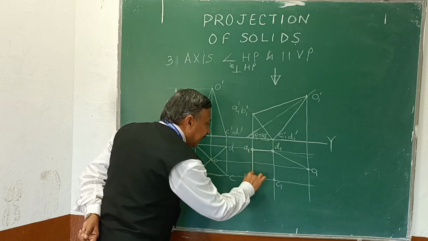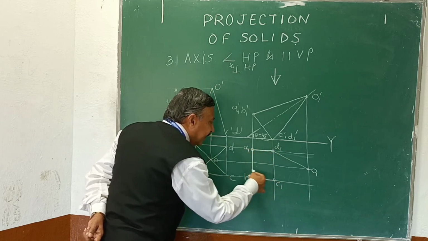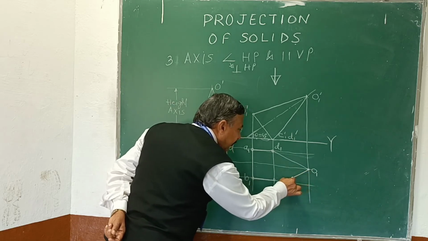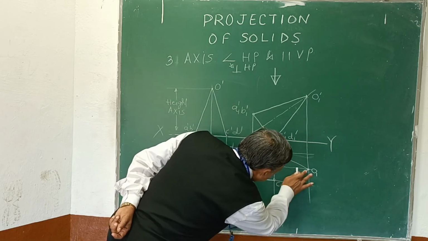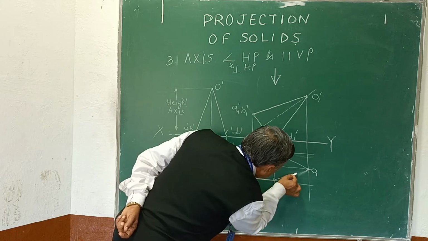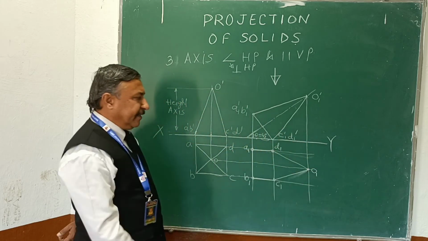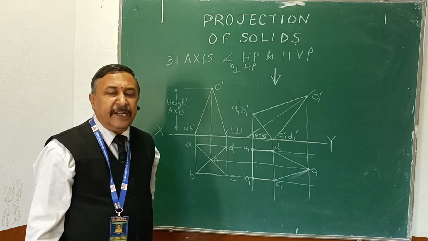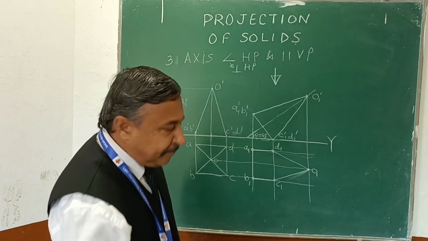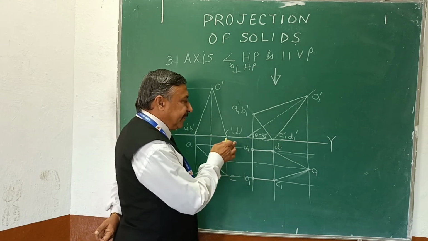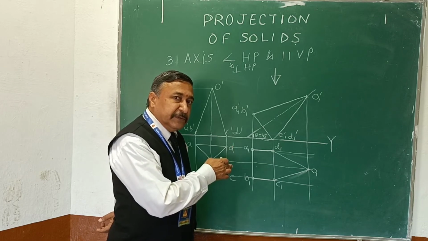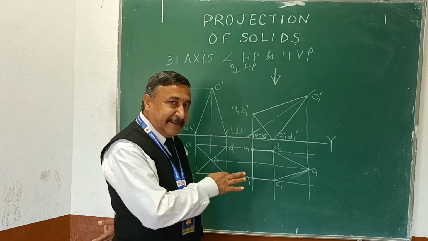This is outer line. This is outer line. And this is outer line. So this is the outer line. Okay, I dark here. Now this is our top view. So we can dark it.